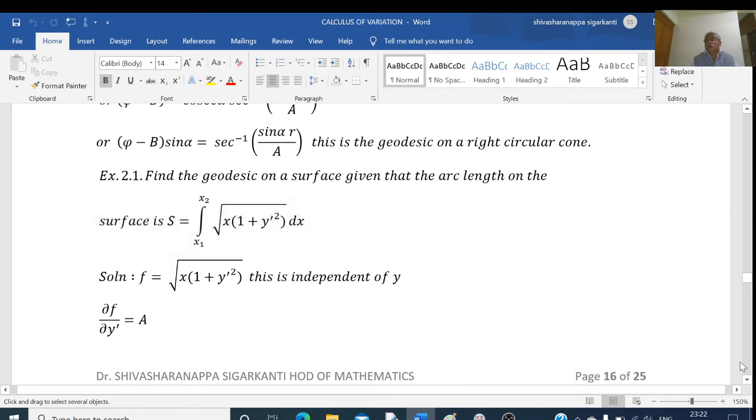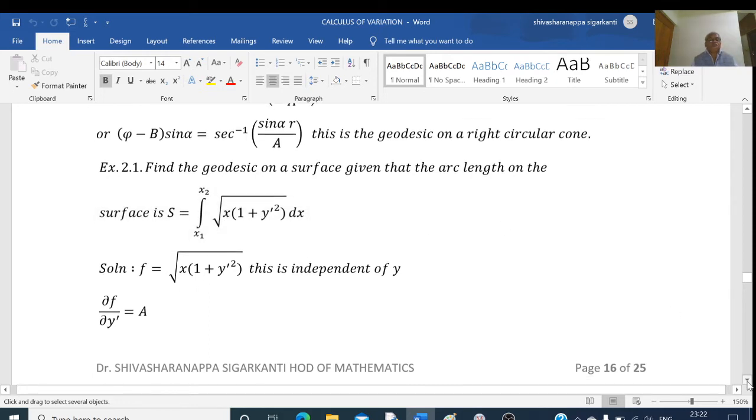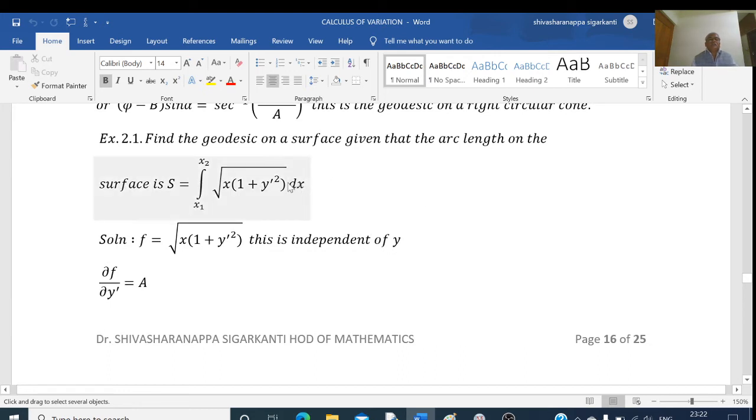Just we have to optimize this. So here, as usual, f is equal to root of x into 1 plus y dash square. This is my f. And here x is the independent variable, y is the dependent variable. This f is independent of y. There is no y term.